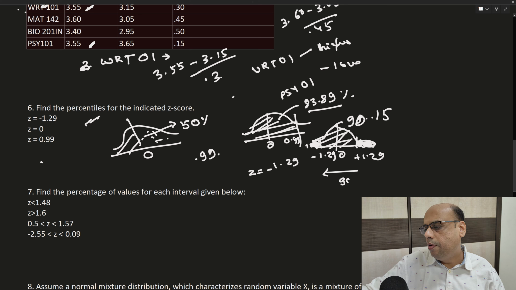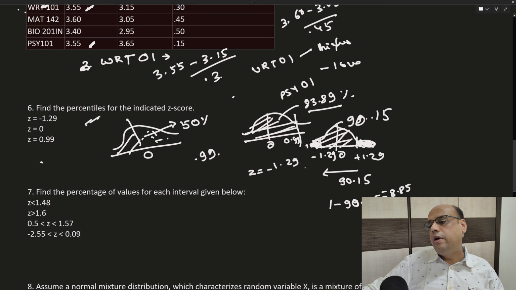So the area to the right of this will be how much? 1 minus 90.15 is equal to 8.85. So 8.85 is the answer, because since it is symmetric, this 8.85 and this 8.85 are the same.